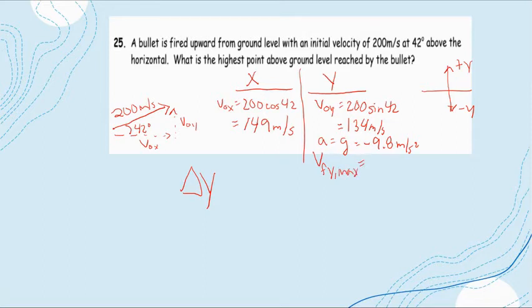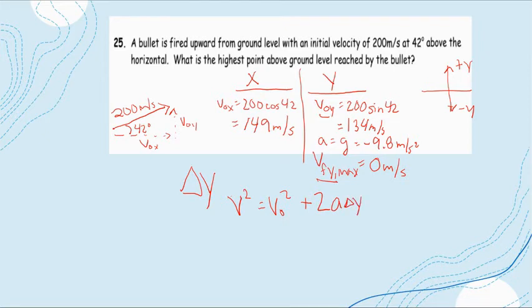Your v final y at your maximum point is 0 meters per second, and that's because it stops moving upward and changes directions. So I have my v final y, I have my v initial y, and I have my acceleration. I have an equation that works there. I have v squared equals v initial squared plus 2a change in y, okay?